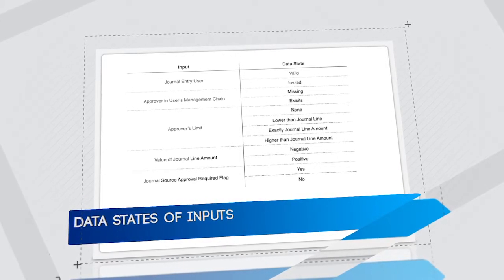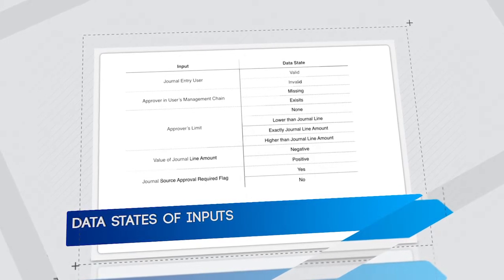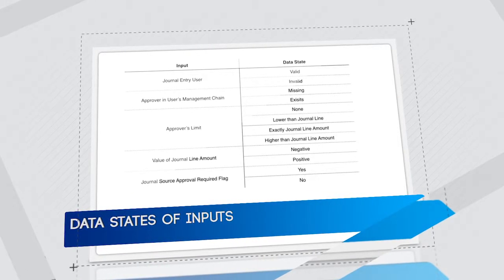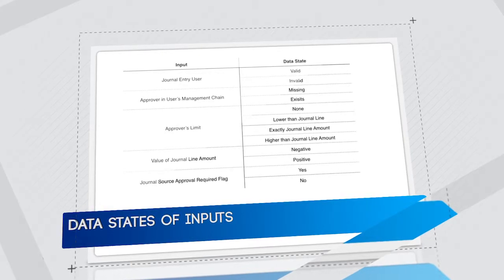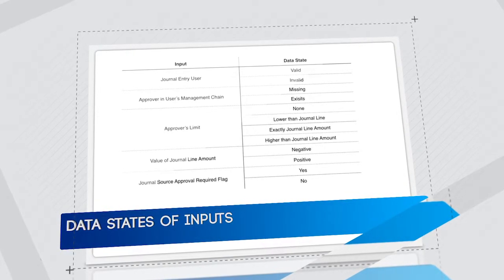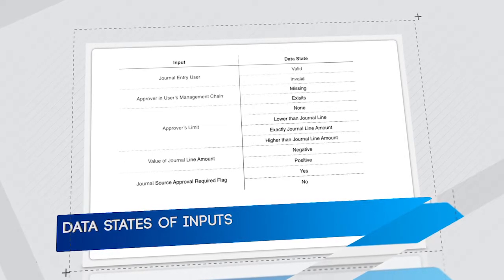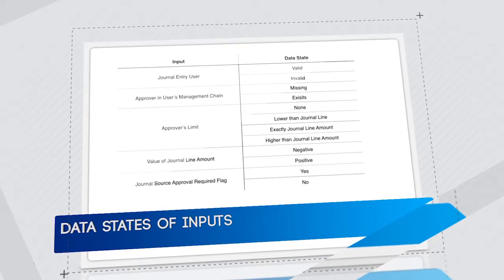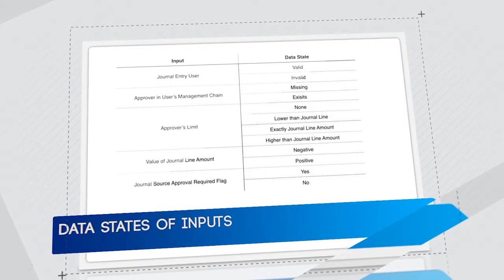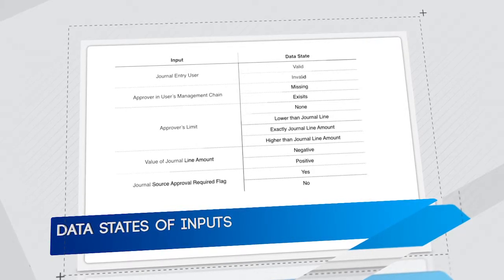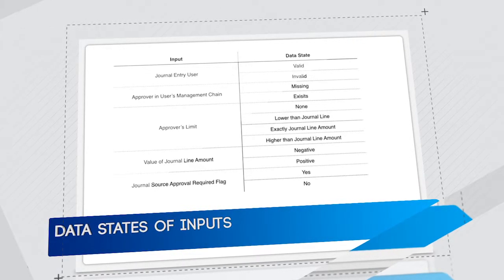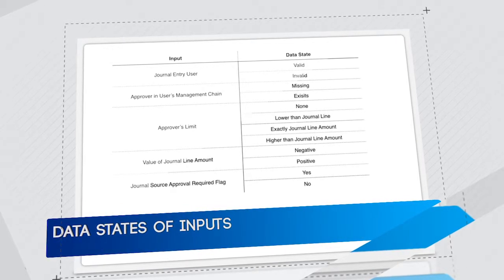So that's very easy. When we're looking at data states, we can always say something is valid, invalid. But we need to further define what invalid means later. But for right now, we can just say, well, we want to test to make sure that if it's a valid user, it's going to do one thing. If it's an invalid user, it's either going to do the same thing or it's going to do something different.